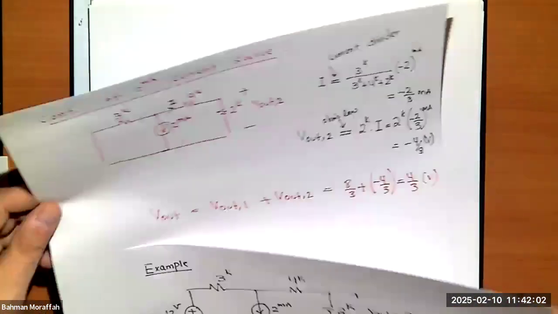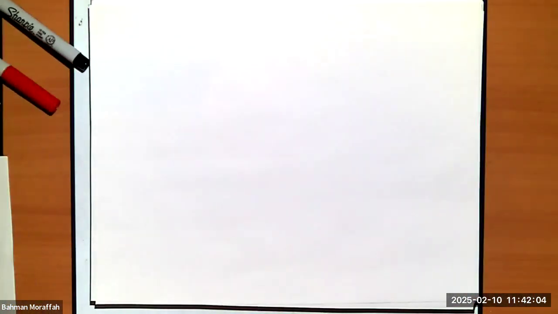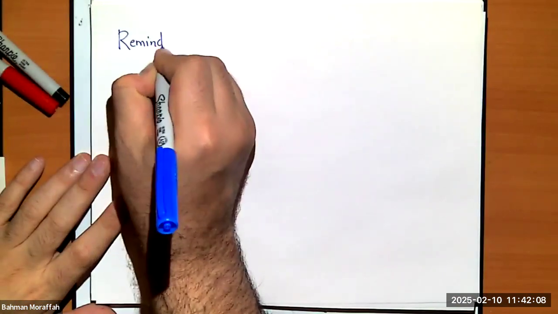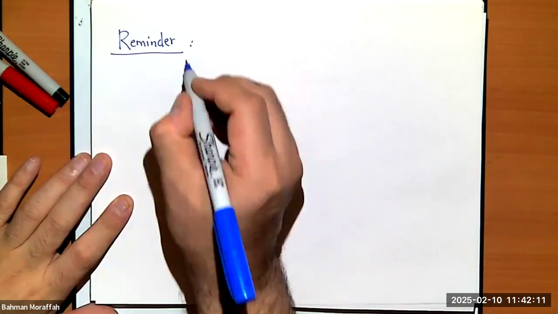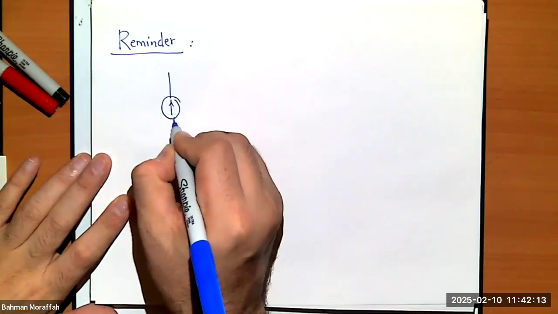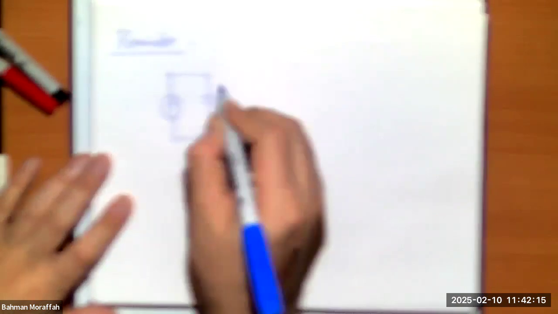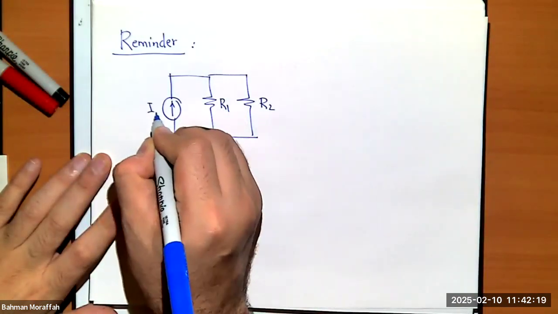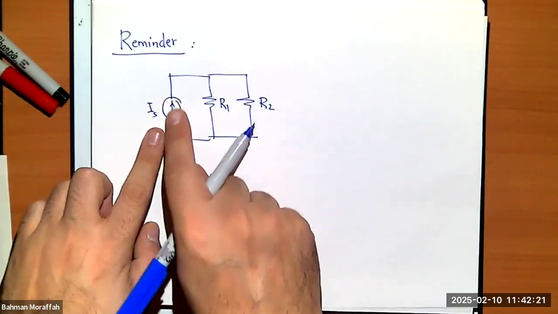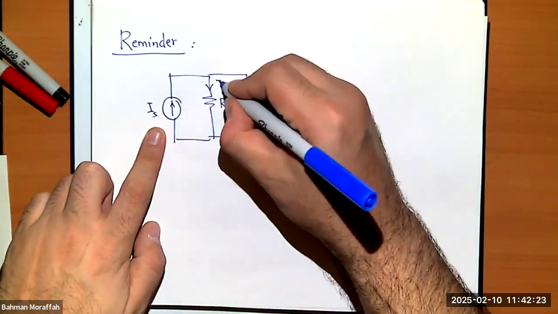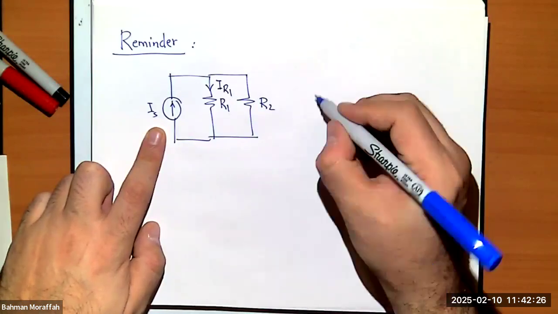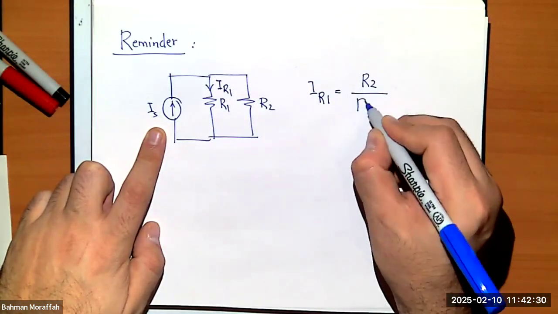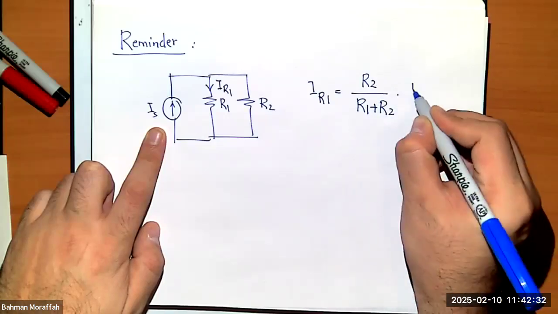Sure. Let's just have a quick reminder. If I have a current source which is in parallel with two resistors that are in parallel, and the direction of the current is going up, if I want to find I through R1, for example, I through R1 is proportional to the value of R2 divided by R1 plus R2 times IS.